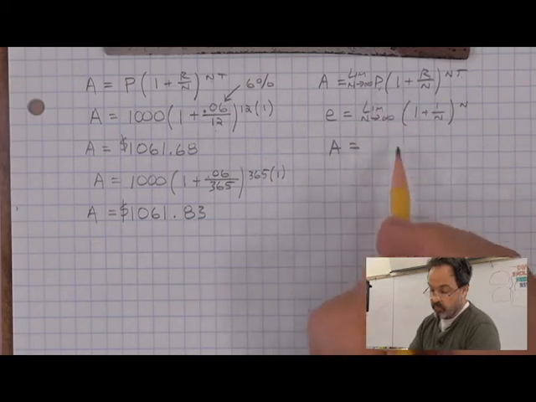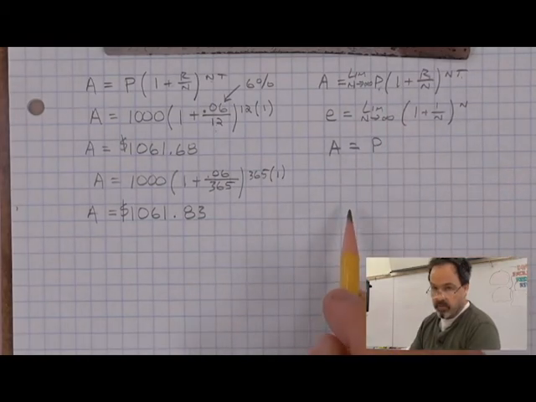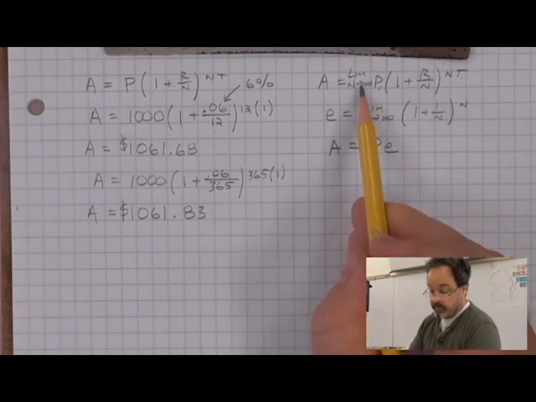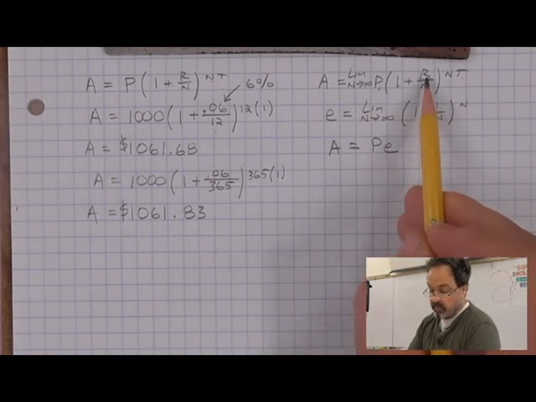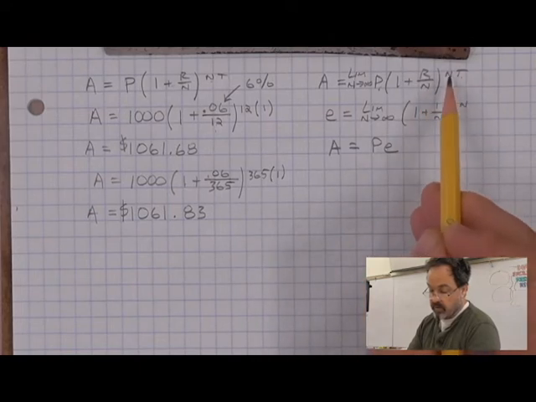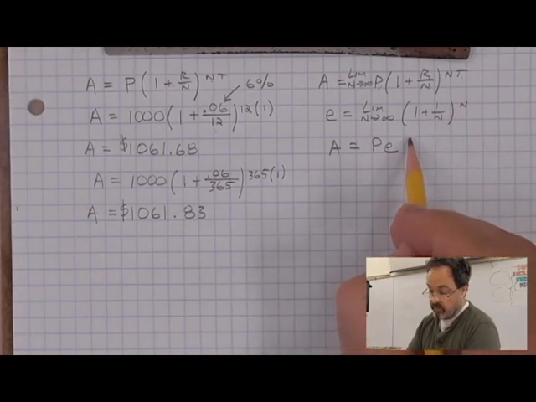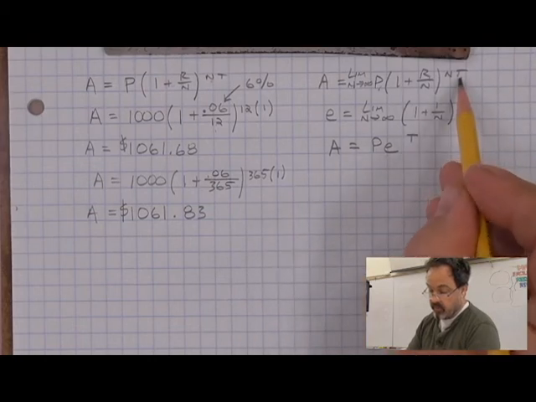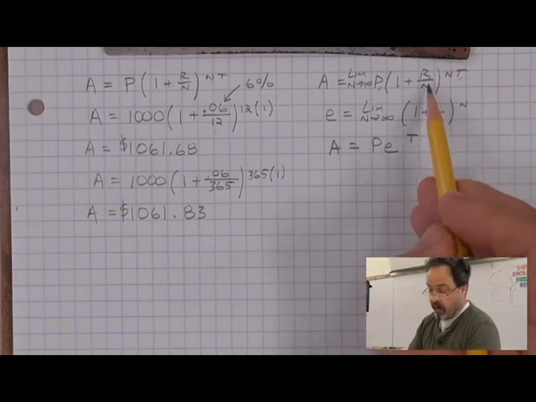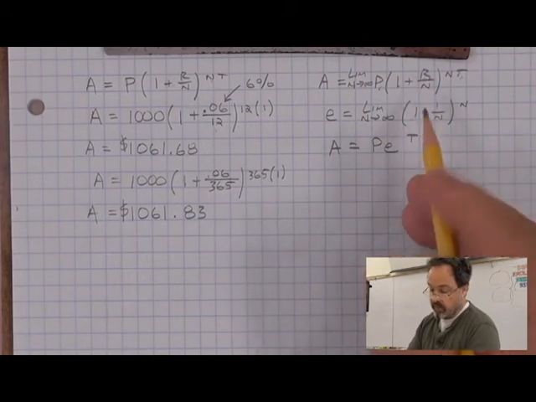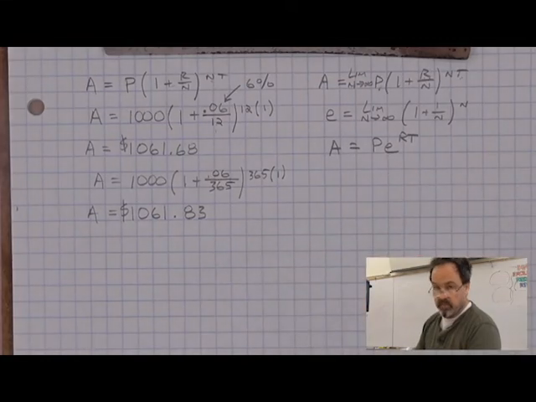The principal remains a part of our formula. e is going to take the place of the limit, the 1 plus something over n, and this n in the exponent. All of that gets replaced by e. And what remains is time in the exponent position. And for algebraic reasons that I'm not going to show in this lesson, the interest rate is also a part of the exponent.